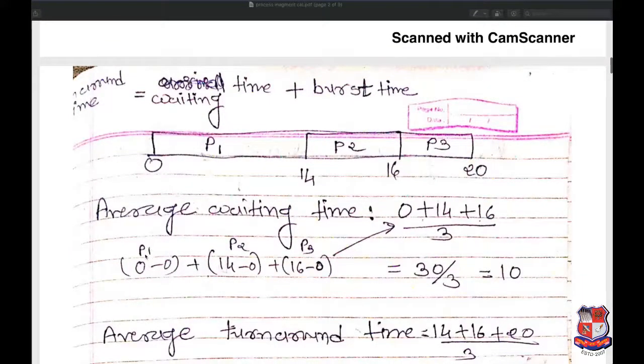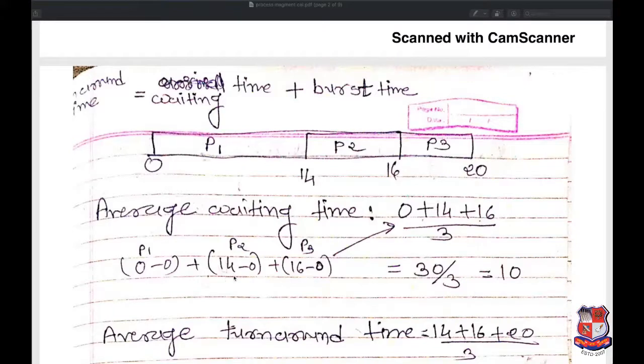The waiting time for P1 is the starting value of P1, which is 0, minus arrival time, so 0 minus 0, plus P2, because my second process is P2, so the starting value of P2 is 14.